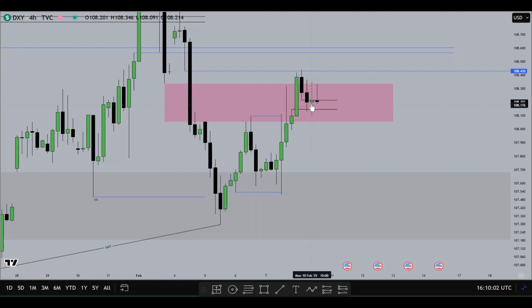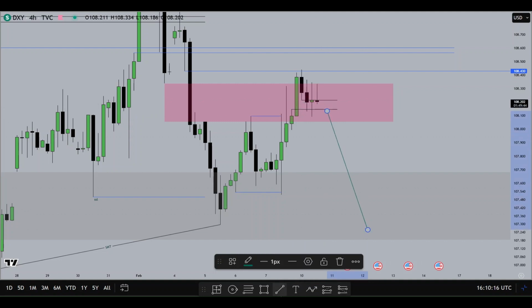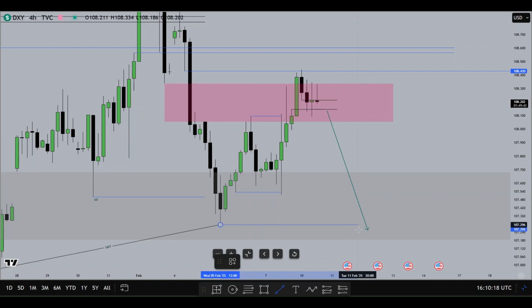And if it disrespects this CB, sorry, if the 4 hour time frame closes below this CB, it can be the signal to see a short-term market break down to run below these relative equal lows. This low and that low are relative equal lows. See that?